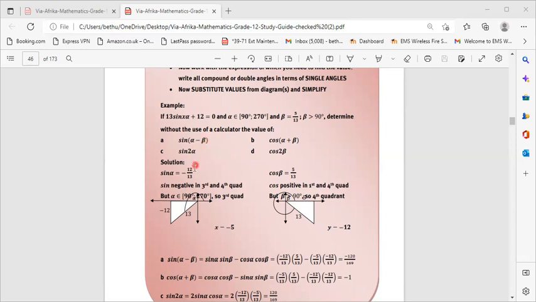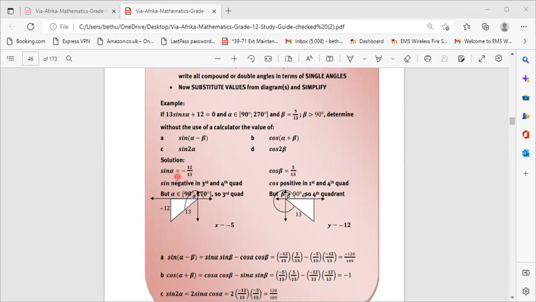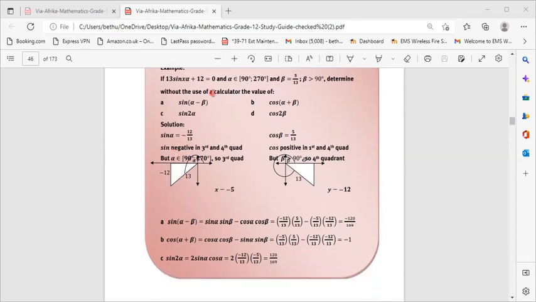So let us first solve for sine alpha. We have 13 sine alpha plus 12. We need to move the 12 to the other side of the equation and divide by 13. So sine alpha will be equal to -12 divided by 13.